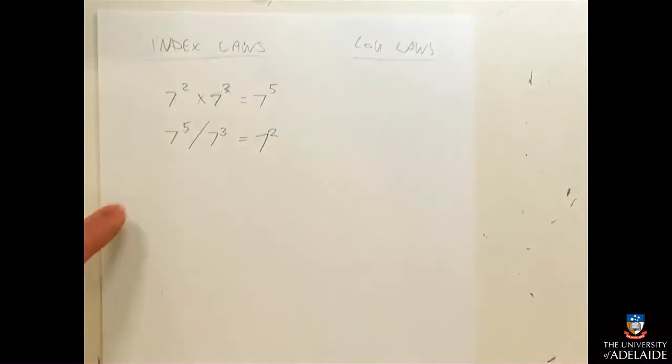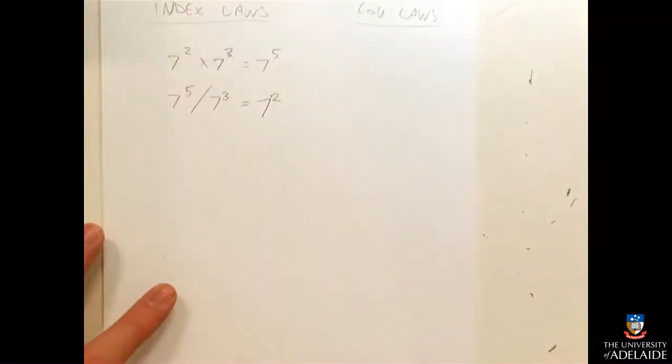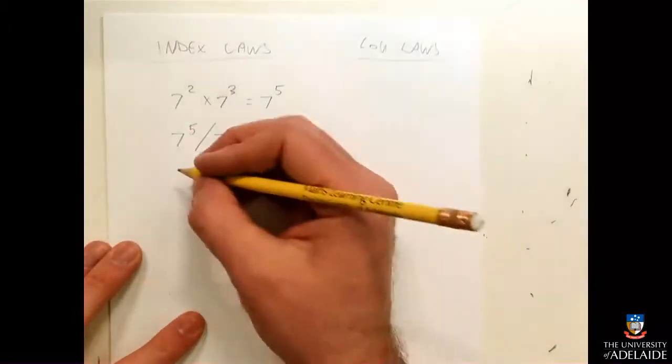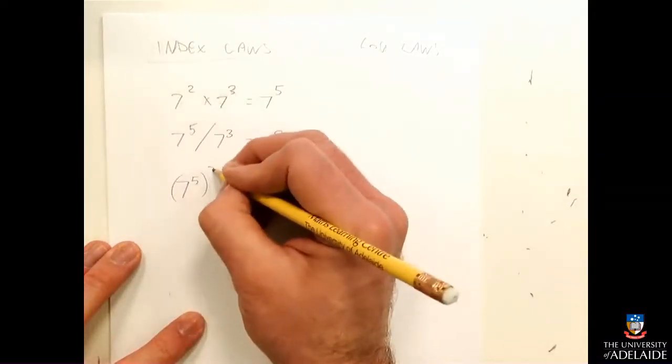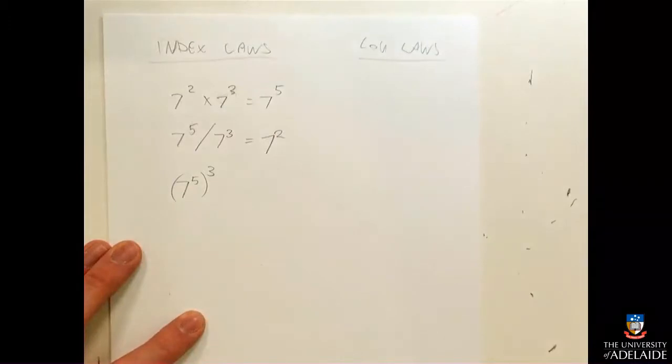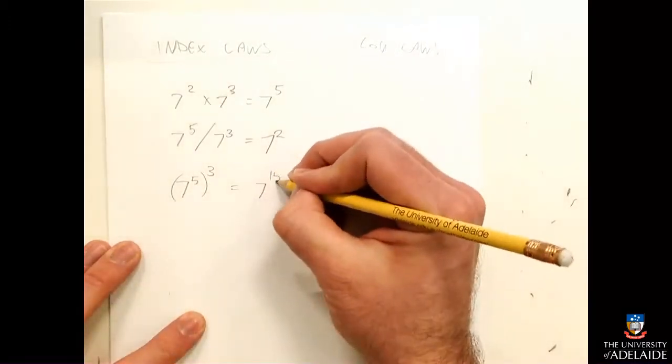Division becomes subtraction. And powers of powers becomes multiplication. 7 to the power of 5, then to the power of 3 is 7 to the power of 15.